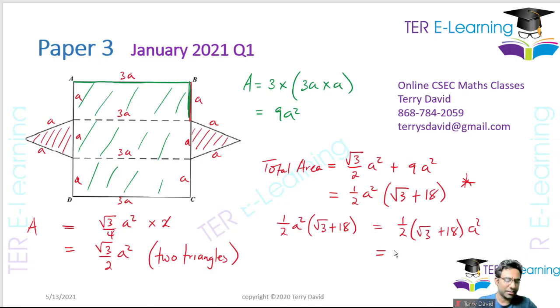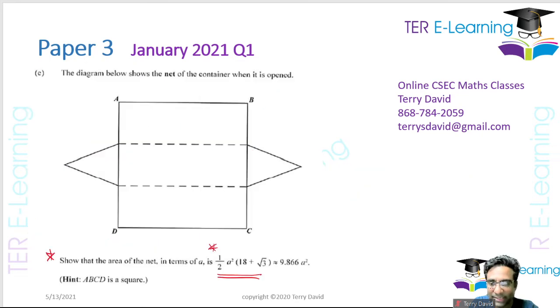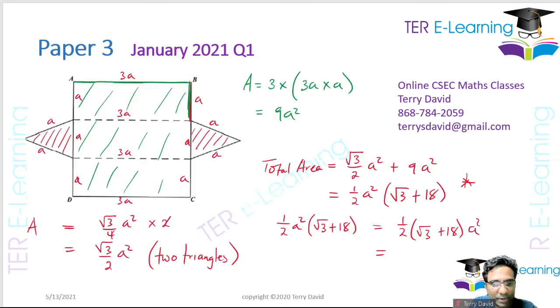So use your calculator to work that out. That is the square root of 3 plus 18 multiplied by 0.5, and what I'm getting here is 9.866 a squared, right? So we've done what they asked us to do. They tell us to prove that the area is this, and also that that is equal to this figure here. So we've done that, right?